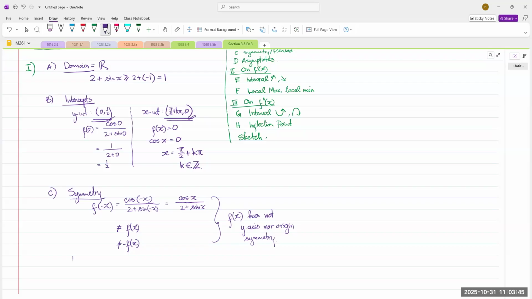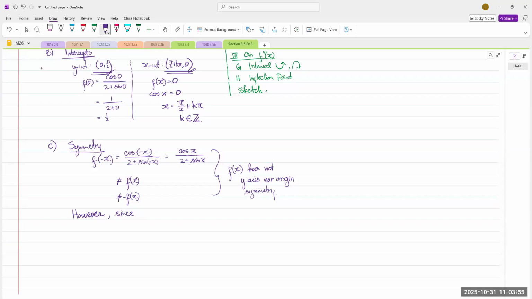However, since the function depends on sine x and cosine x, which have a period of 2 pi, it repeats every 2 pi.